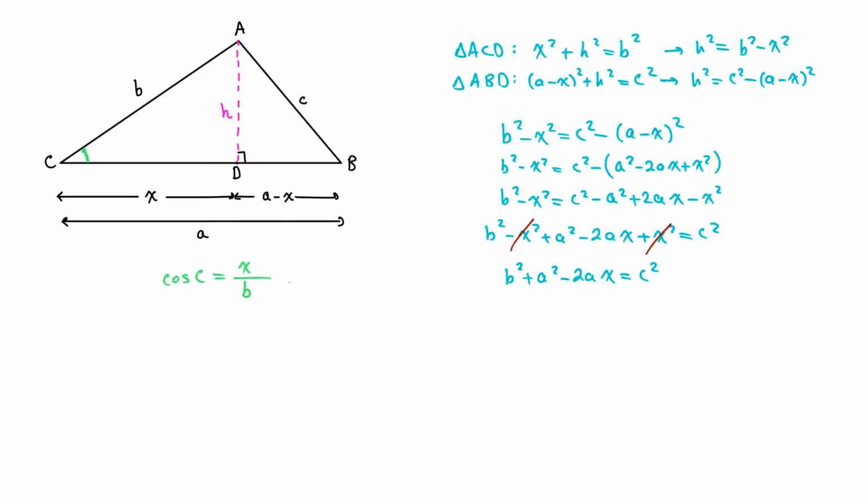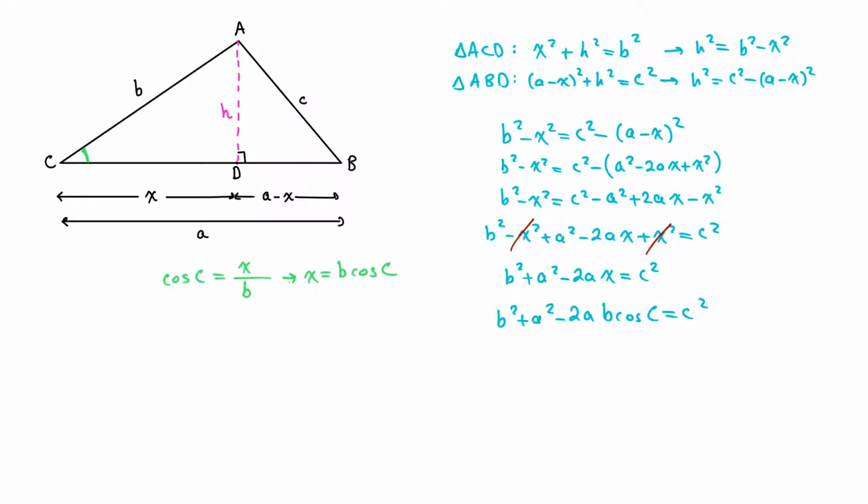If we rearrange for x, we get x is equal to b cos c. Now I'm going to substitute this into my x value here, because this x and this x are exactly the same thing. By doing that, I will get b squared plus a squared minus 2a, with b cosine of c replacing the x, is equal to c squared.